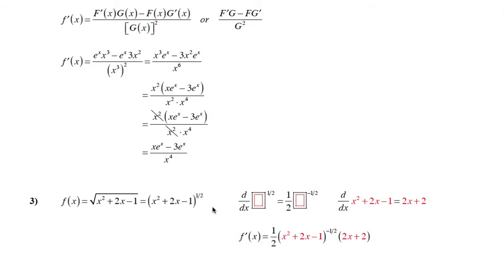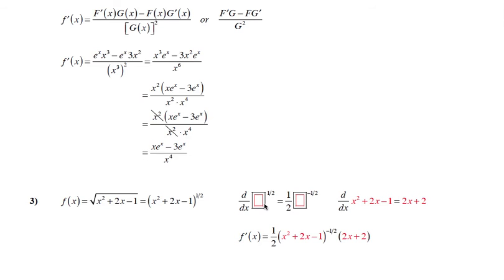Now remember, when we use the chain rule, we want to identify what's the outer function, what's the bigger function that the other function is plugged into. And so that's whatever this is in these parentheses raised to the half. And so I've indicated that here with just a box.